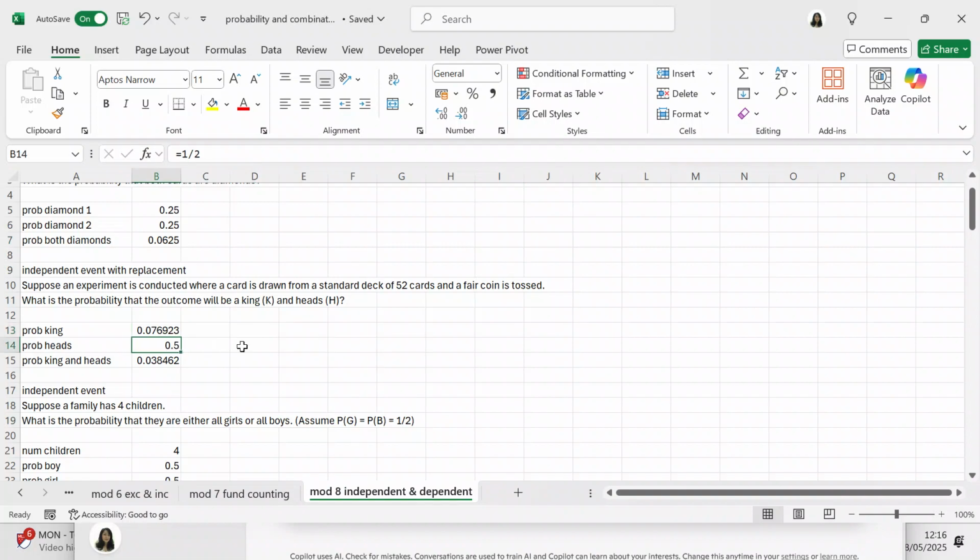Probability of tossing a head is 50% because you either have heads or tails, and the probability of king and heads is probability of the king times the probability of the head, which is 3.8462%.